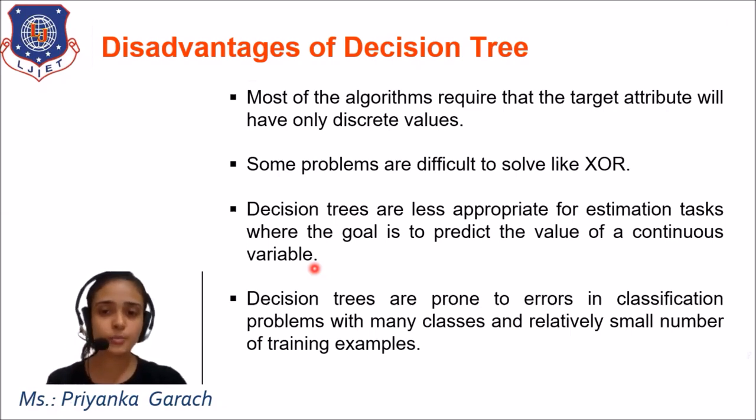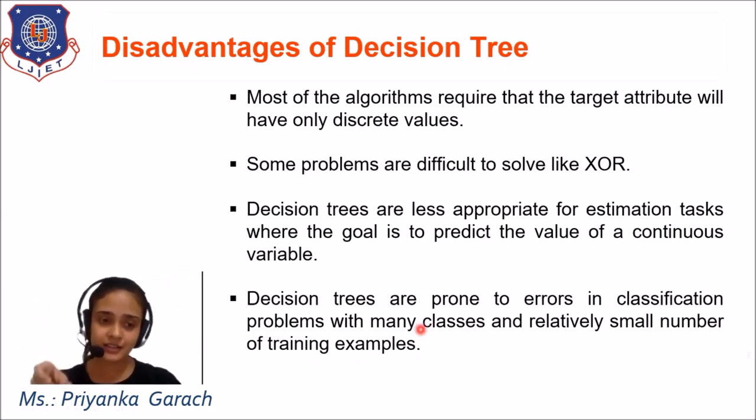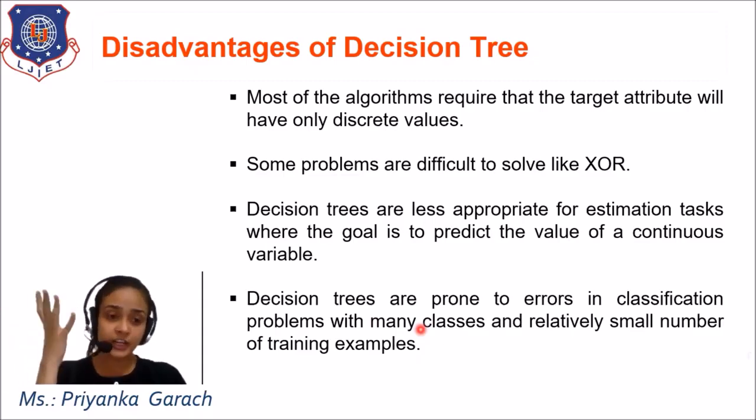Also, decision trees are prone to errors in classification problems with many classes and a relatively small number of training examples. What they are telling is that if the rows in the training data set are few, and the class label has too many classes, suppose 50 different categories in my target attribute.